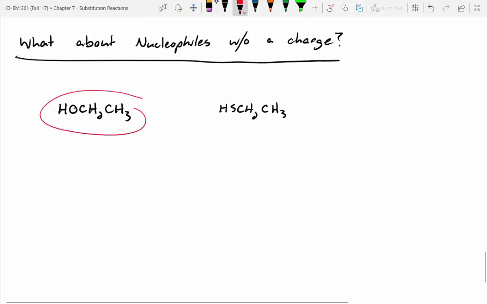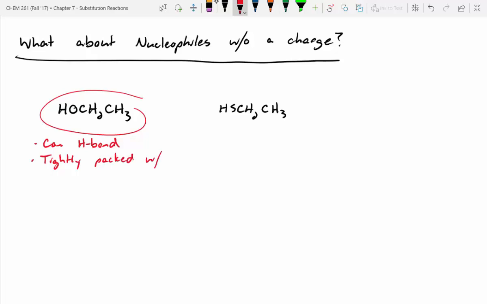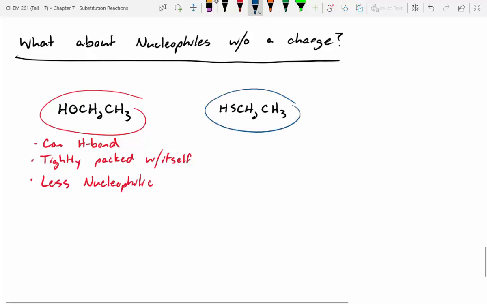So this can H-bond. That means that it is tightly packed with itself. Another way of thinking about it, right, is we know H-bonding molecules are sticky, so these are all sticking to one another. That means that this is less nucleophilic. Over here, this can't H bond.